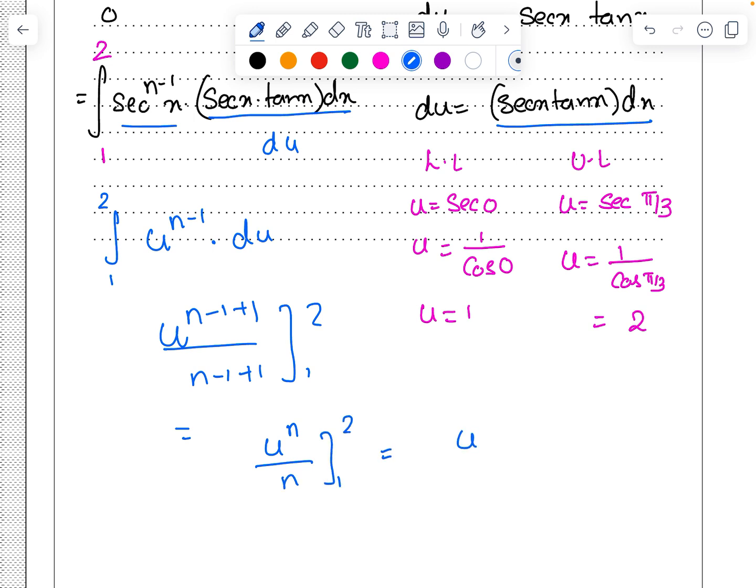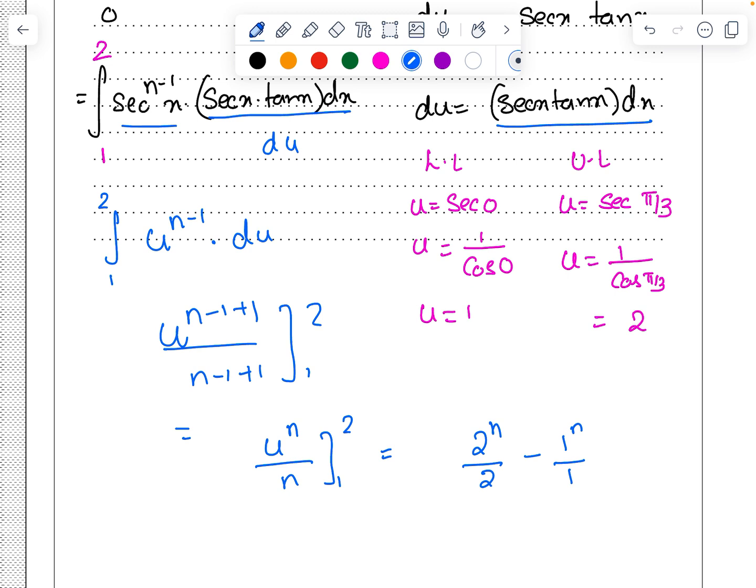So plug in the upper limit, substitute u as 2: 2 to the power of n by n, minus 1 to the power of n by n.